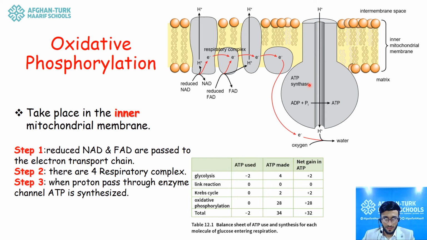It means this is the enzyme which uses the energy of electrons carried through these respiratory complexes, which causes a concentration gradient of hydrogen ions to be created outside of the inner membrane, between the outer and inner membrane of the mitochondria.